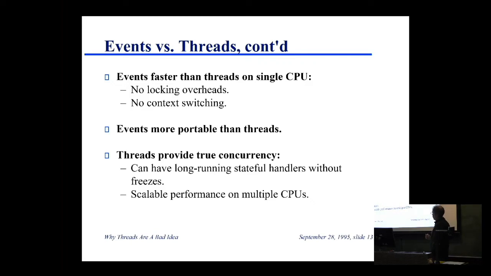Events can be faster on a single CPU. We've got no locking overheads, no context switching compared to a thread model. They're more portable because they're just a switch statement on the event type. For each event, call the appropriate handler, or it could even just be a jump table.